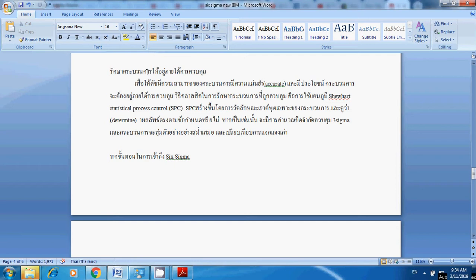Maintain the process under control. For the process capability index to be accurate and useful, the process has to be under control. The classic way to maintain a controlled process is to use Statistical Process Control, or SPC in short.